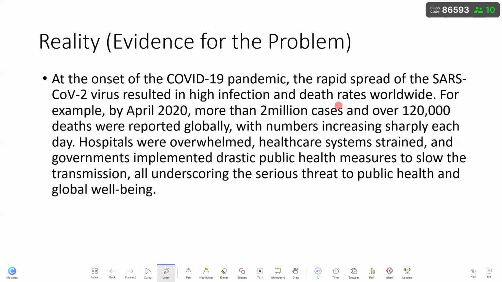And this is a worldwide case. It affected people globally, and all these things are highlighted. So this is the reality of the COVID-19 problem, the evidence for the problem.